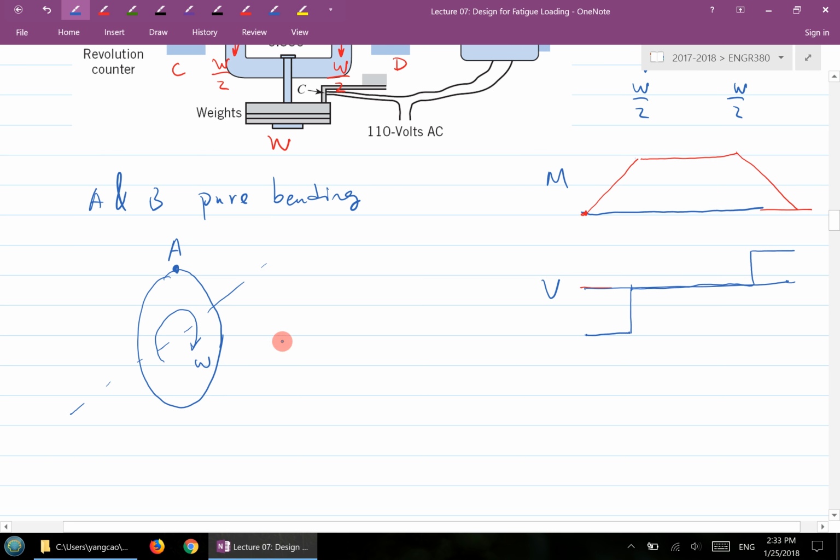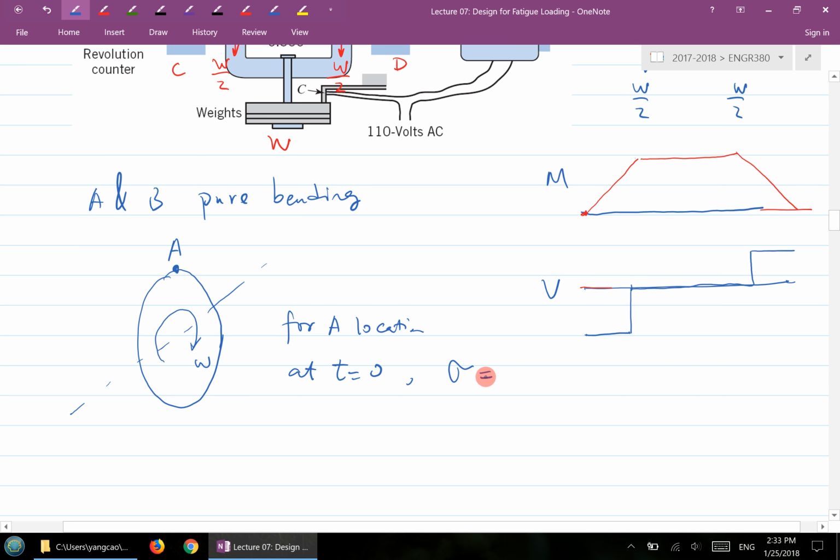So think about the detail now. At this A location, at t equal to 0, what is the stress at the A location then?